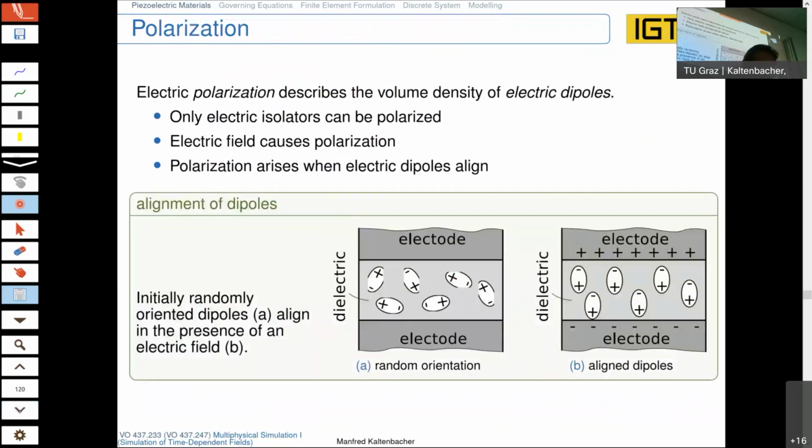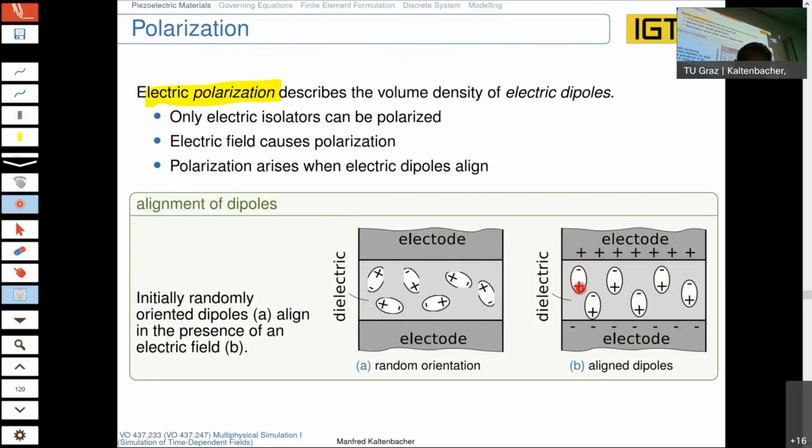Okay, and that is this polarization process, which is a little bit sketched here. So we have two electrodes. We have our, let's say, dielectric piezoelectric material. And when we apply a strong electric field, they start to align.